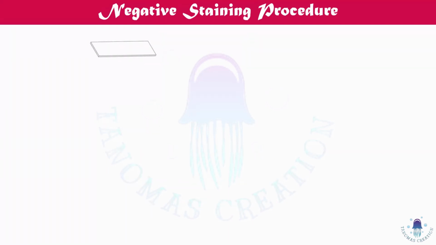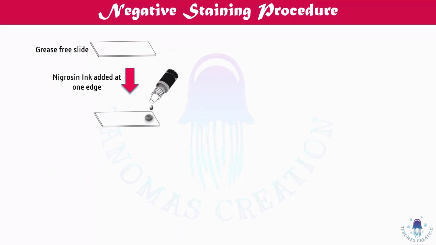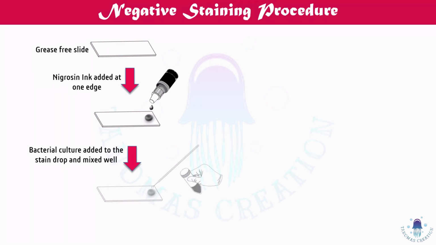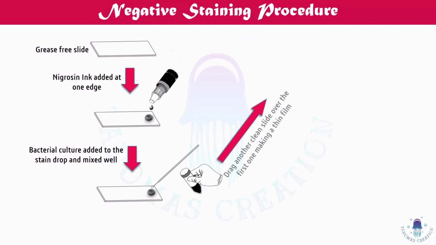Now, coming to the representation, here we take the grease free slide and put a drop of nigrosin or India ink at one edge of the slide, just like this. After that we put a loopful of bacterial culture over this drop and mix it in a rotary motion using a sterile inoculating loop, and we mix it very well. Then we take another clean slide and put it over the first one at a 45-degree angle.